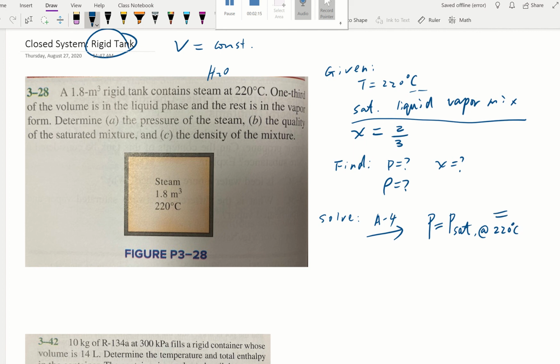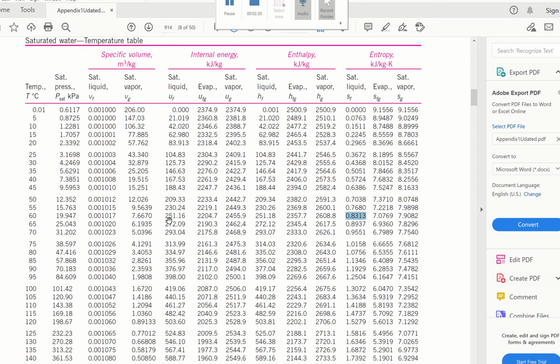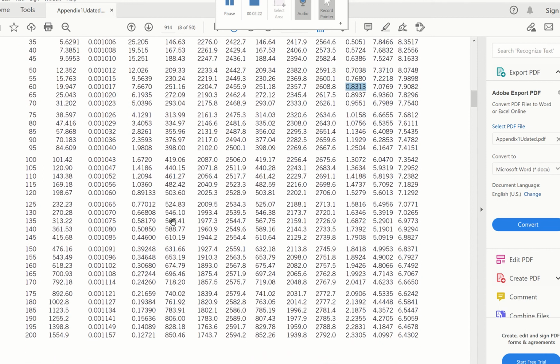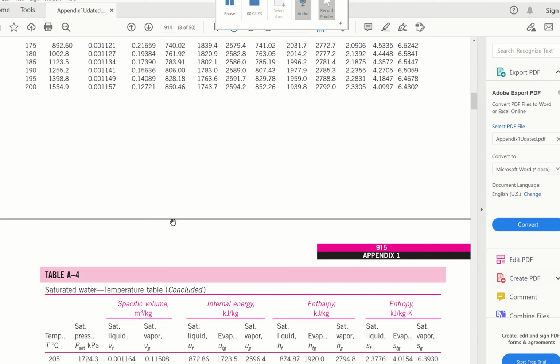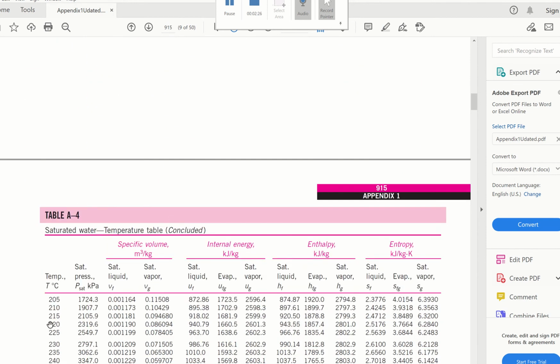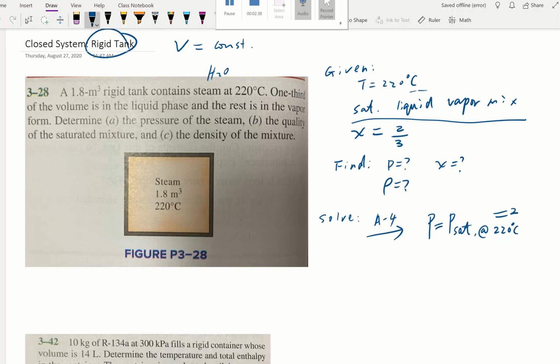So let's go for 220 in the saturated temperature table. Do we have 220 here? Oh yeah, we're lucky, there is 220. If not, you're going to have to use linear interpolation. We're reading the saturation pressure, which is 2319.6 kilopascals. That's going to be our pressure.